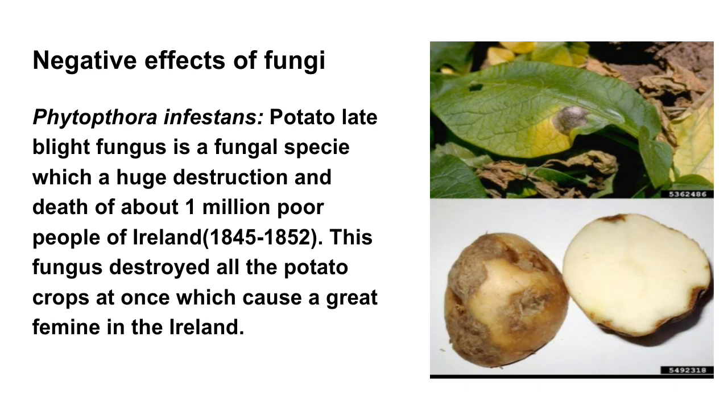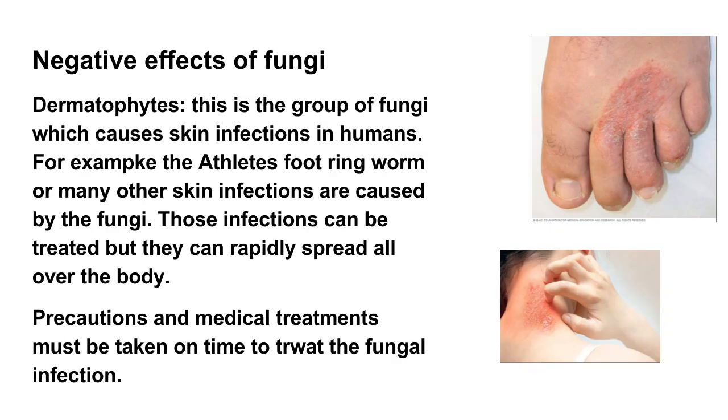You can see here in the diagram how potato is affected by fungi. You can see here in the diagram that humans are also affected by fungal diseases. For example, athlete's foot and ringworm develop due to fungal infection of the skin.